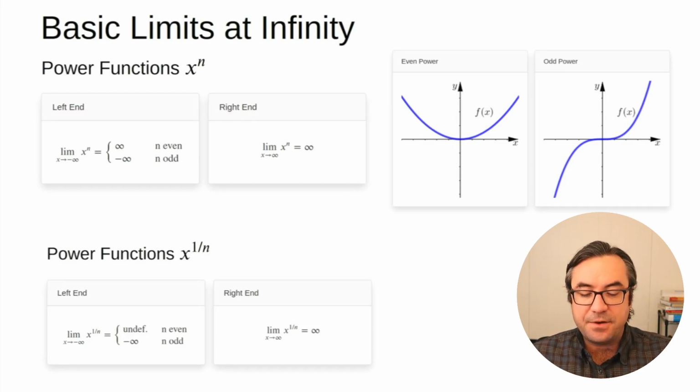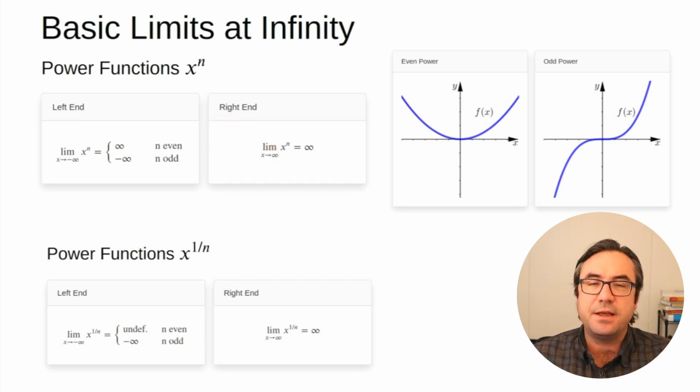If we look at the right end, where x is approaching infinity, the graph is going up and up and up, whether it's an even power or an odd power.